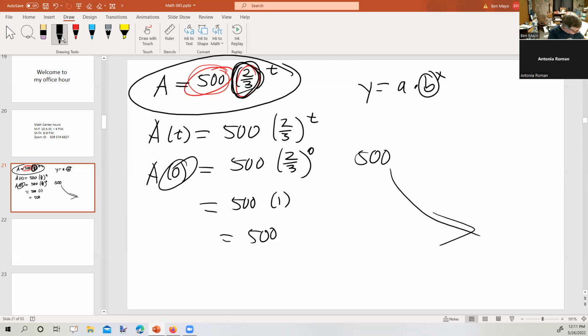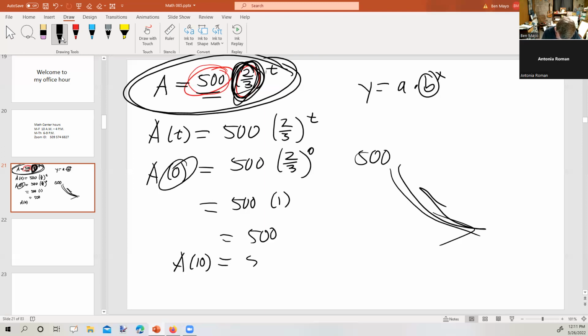Now let me actually read the entire problem to you. It says 500 grams of a radioactive material decays according to this formula. So it's telling us we're starting with 500 grams and it's decaying, meaning it's decreasing because the base for the exponent is less than 1. It says find the amount present in 10 years. So we want A of 10, which would be 500 times (2/3) to the 10 power.